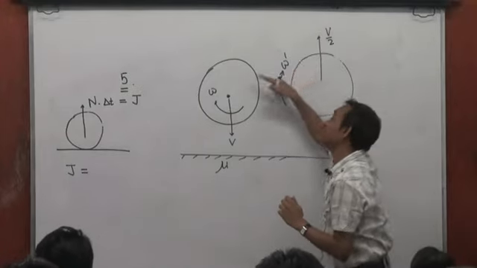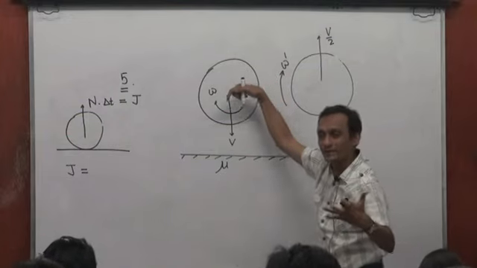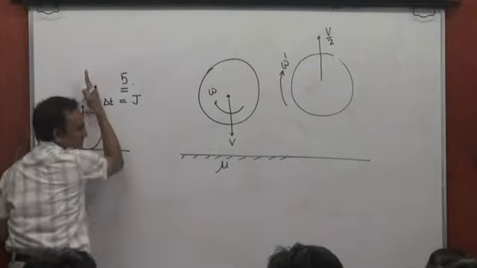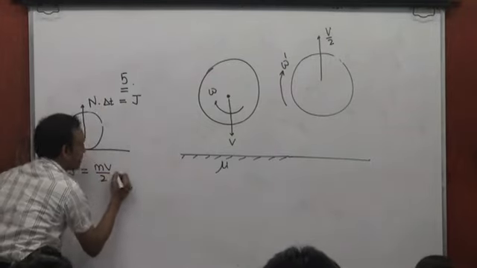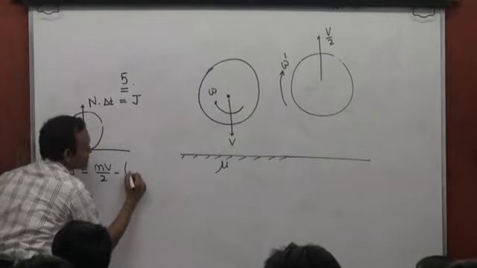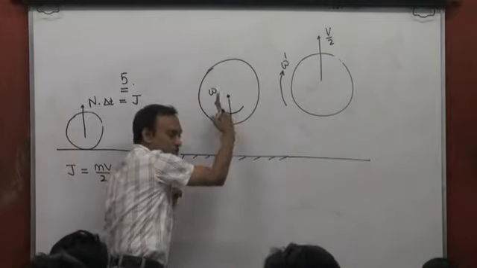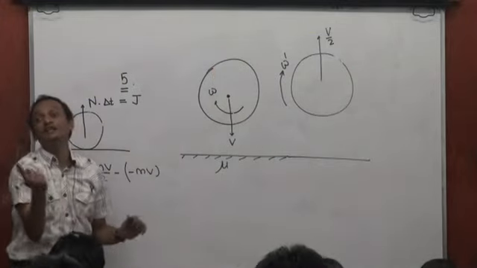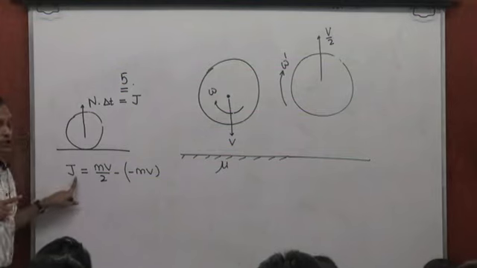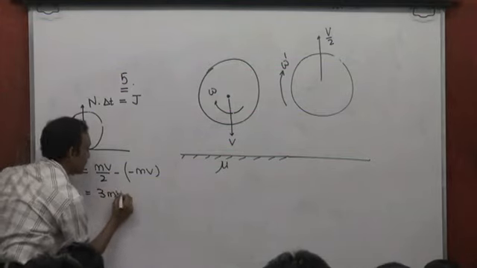Initial linear momentum is mv in the downward direction, which is the same as minus mv in the upward direction. So, change in linear momentum in the upward direction is the linear impulse in the upward direction. So, that makes it 3 mv by 2.